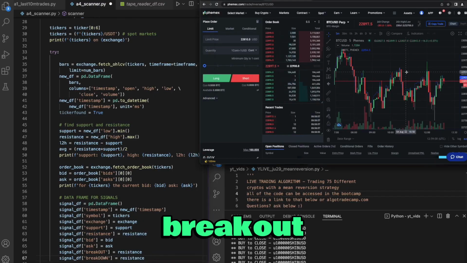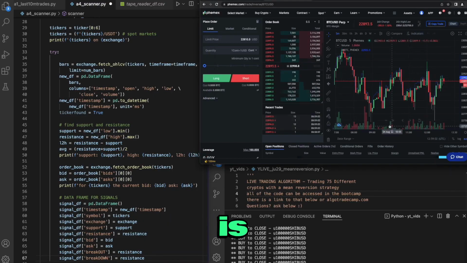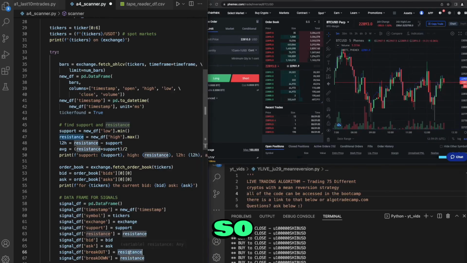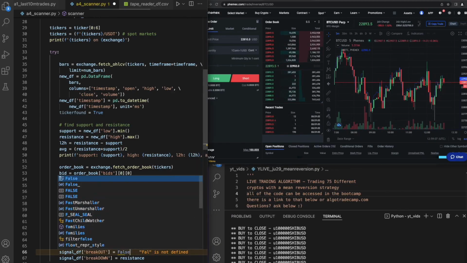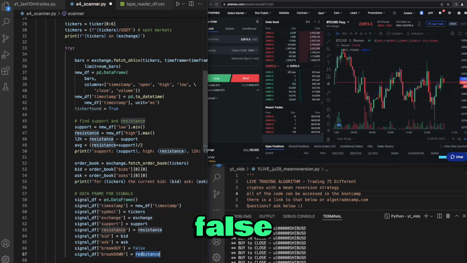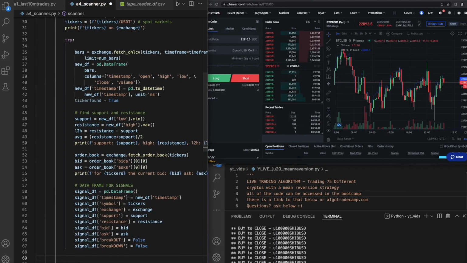The difference is a breakout is going up, a breakdown is going down. So we would say false. We're going to set these to false to start, and then we'll change them later. So how will we change them? I'll show you. It's not too hard to do.